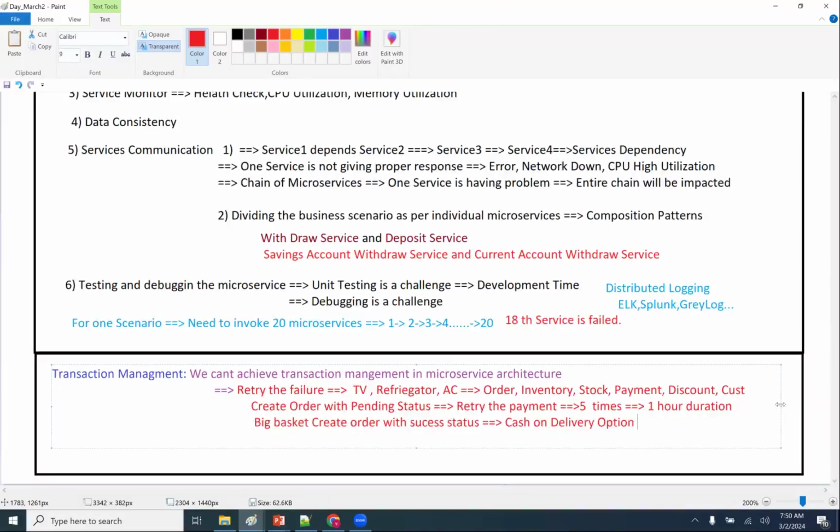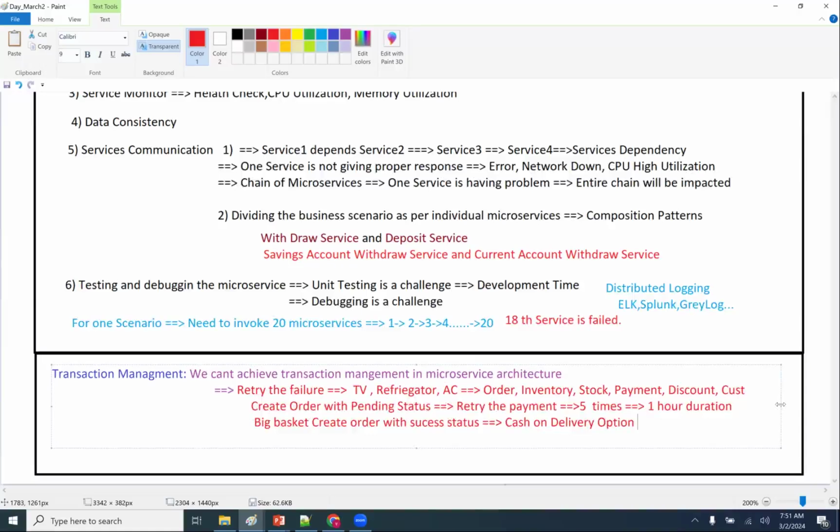But there is no rollback option, like distributed transaction, two-phase commit, or node rollback cases. So these are the best practices. And the usage of design patterns in transaction management is not that acceptable in real-time situations.